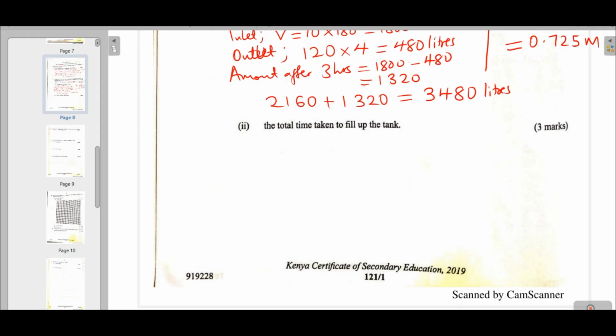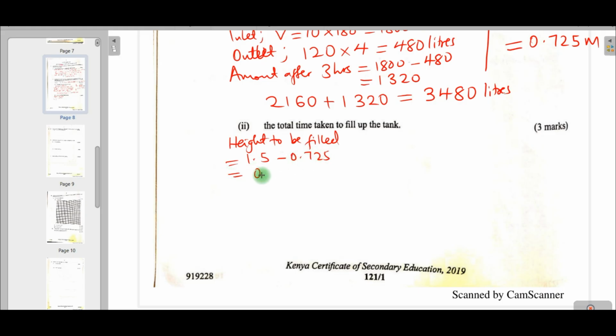So for the total time taken to fill up the tank, the height to be filled in this case is the height which is remaining. Height to be filled is 1.5, the total height, minus what we have now, 0.725.